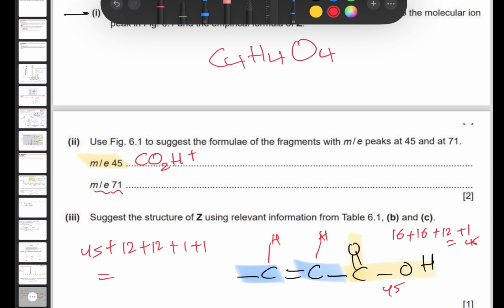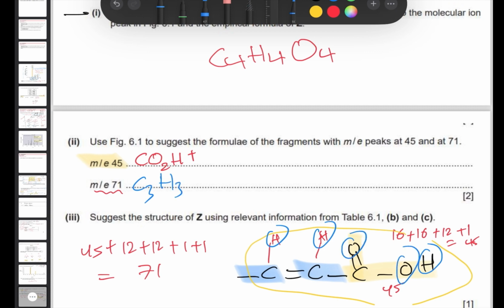Okay, let's use your calculator, and it equals 71. And we can say at that moment that the whole fragment here represents the other part, and it's C3. How many hydrogens we have? 1, 2, 3. H3. How many oxygens we have? O2, and don't forget the positive sign.